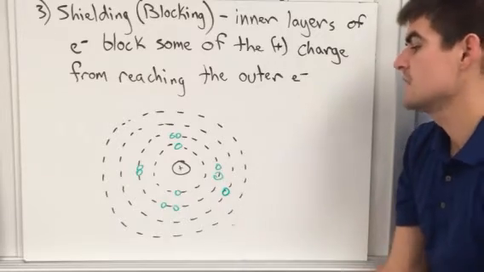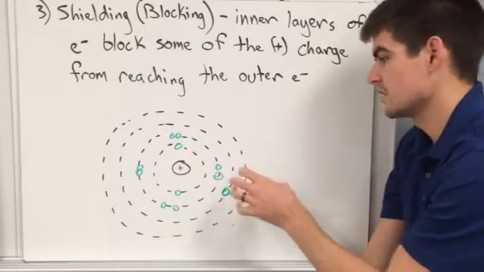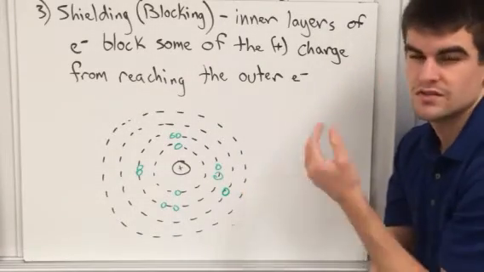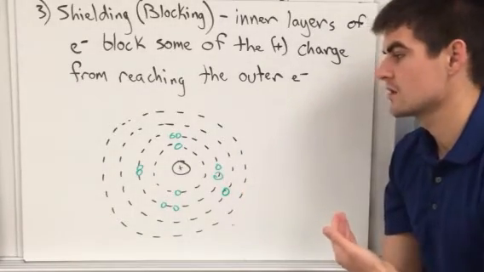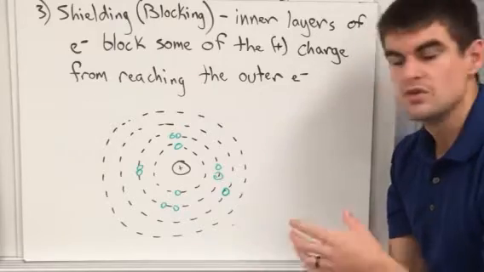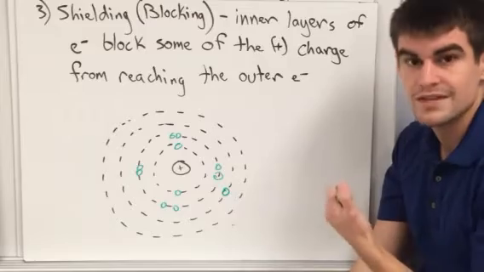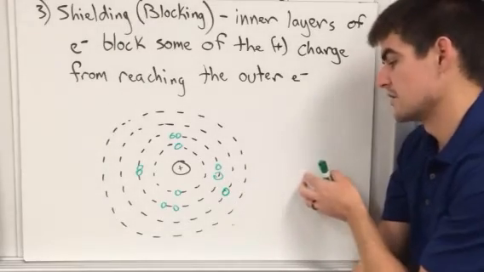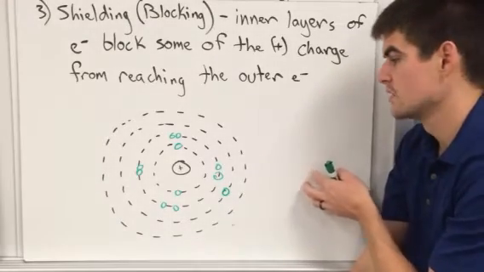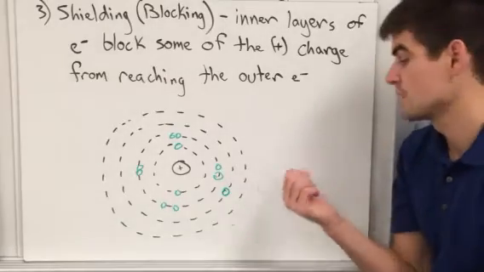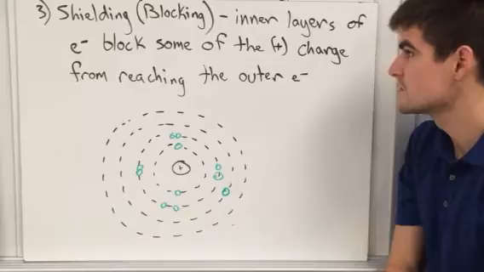So it keeps that positive charge from reaching, you know, these outer layers of electrons. Or again, Bohr model is easier to think about, but same thing in the quantum mechanical model. Those weird shapes are just stacked upon each other. So your outer S and P and D and F orbitals are further out here. That positive charge can't reach them as well because of those inner ones.